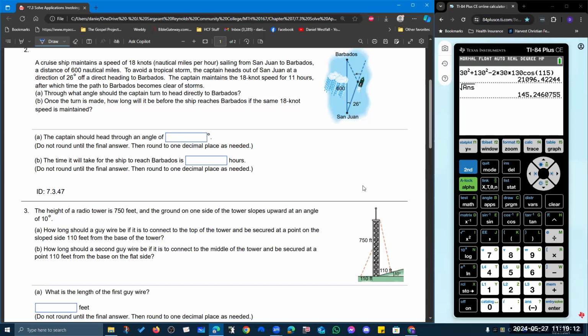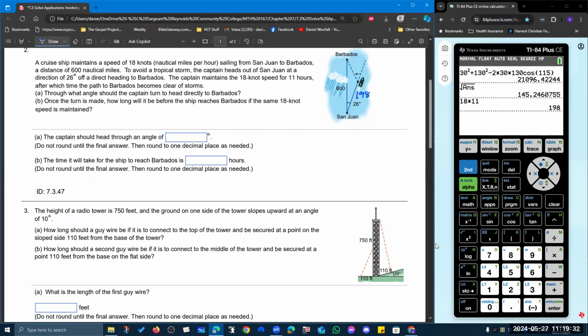The captain maintains his 18 knot speed for 11 hours. So 18 times 11 is 198 nautical miles over here.